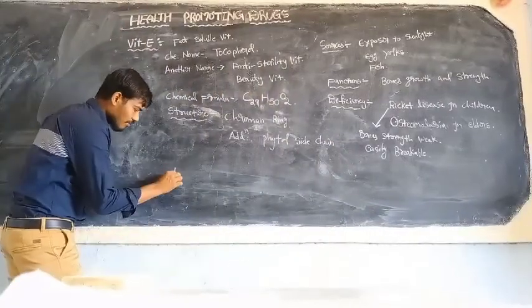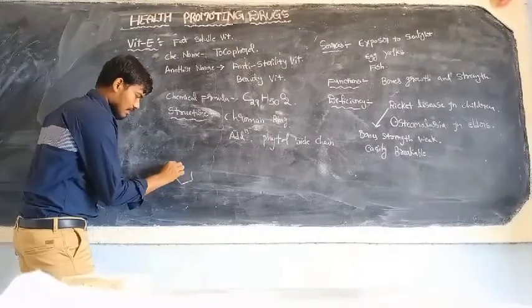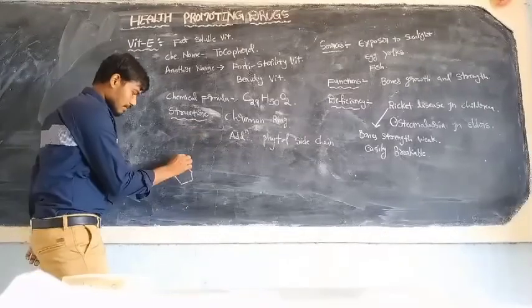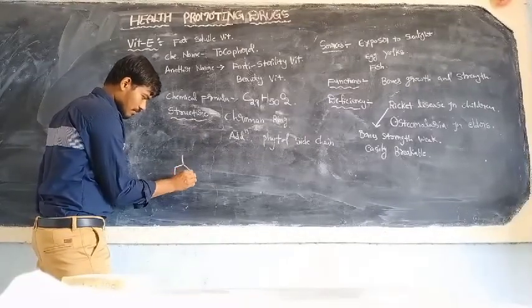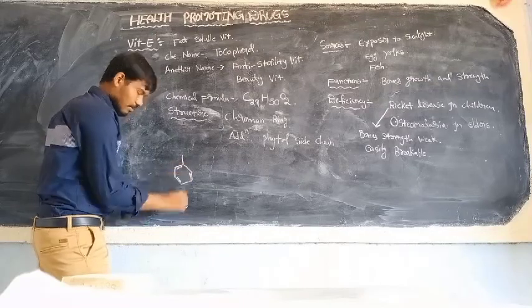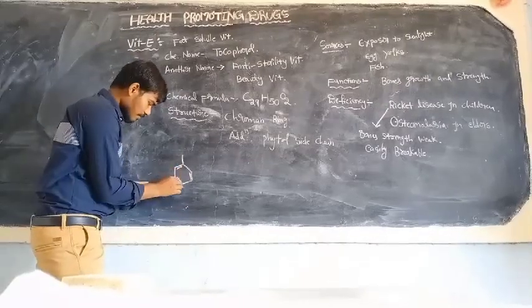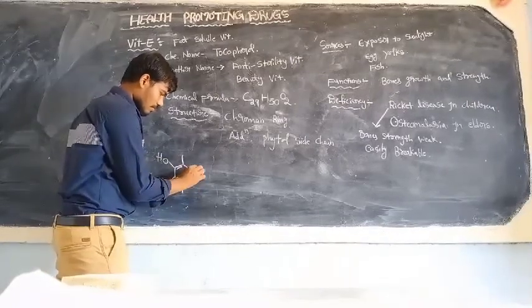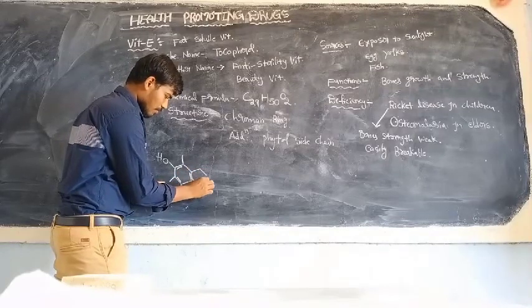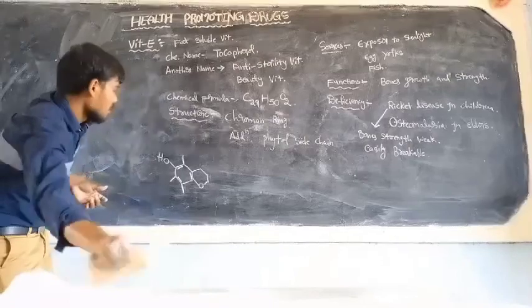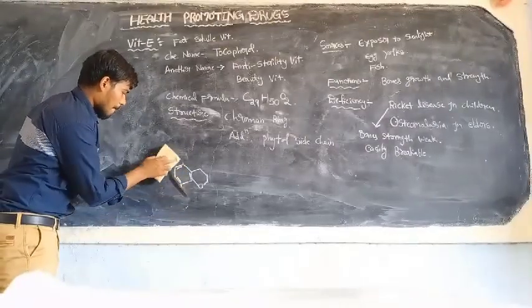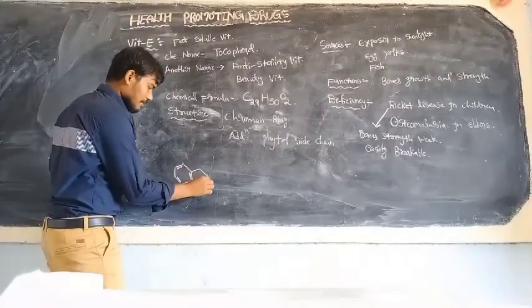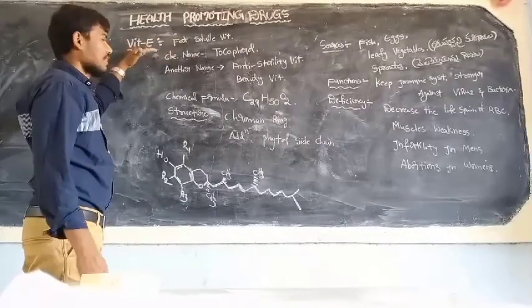The structure of vitamin E is first the chroman ring. Chroman ring, friends. This is the chroman ring with three substituents. Explain about vitamin E.